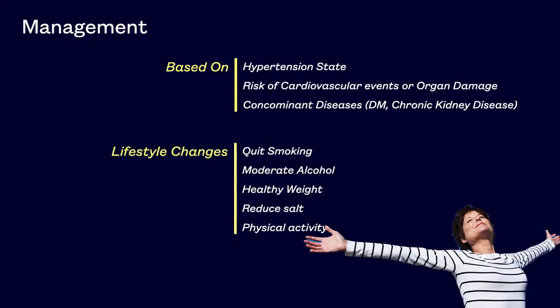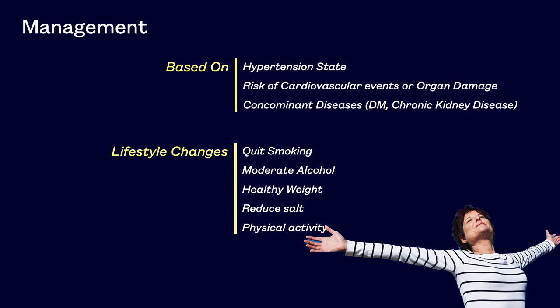So management for hypertension is mainly based on the hypertensive stage the patient is in, the risk of developing cardiovascular events and organ damage, as well as taking into account any concomitant disease like diabetes or chronic kidney disease.